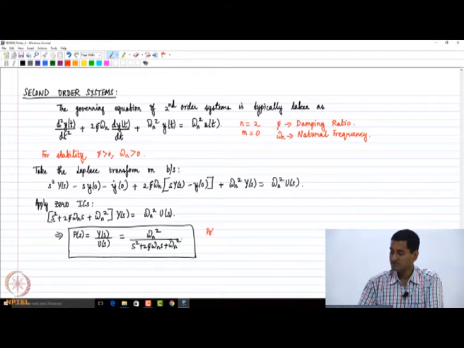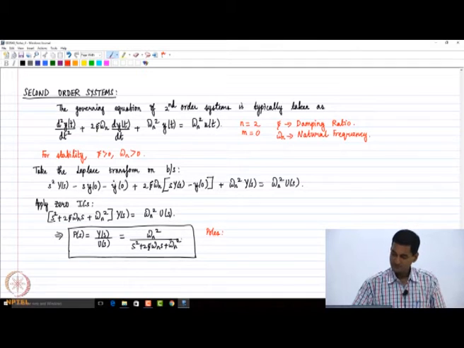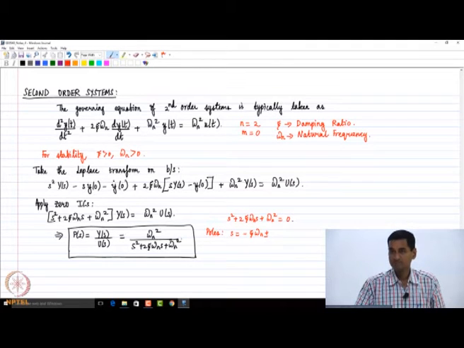So what are the poles of this transfer function? We solve the denominator polynomial equals 0: s squared plus 2 zeta omega n s plus omega n squared equals 0. So the poles are minus zeta omega n plus or minus omega n times square root of zeta squared minus 1.